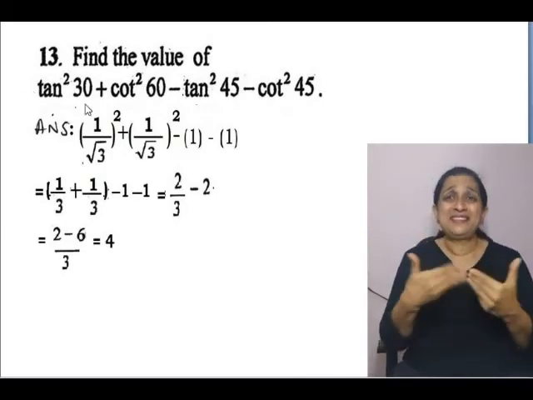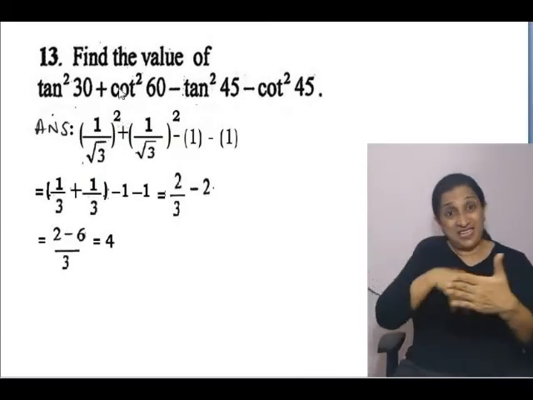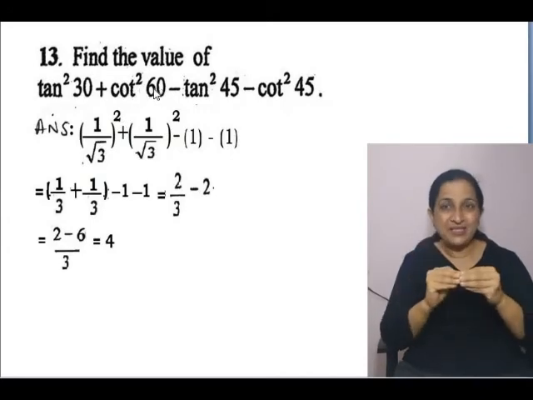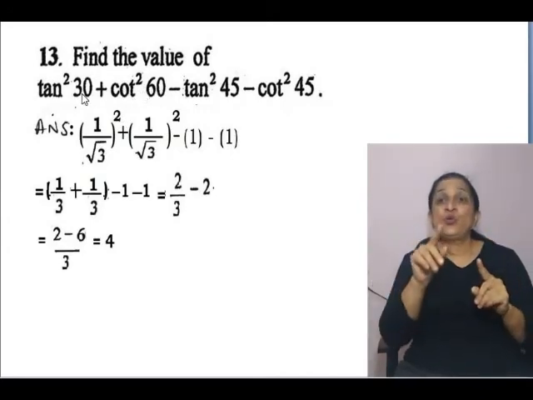Tan 30 is nothing but 1 over root 3, so 1 over root 3 whole square. Cot 60 is nothing but tan 30, right?